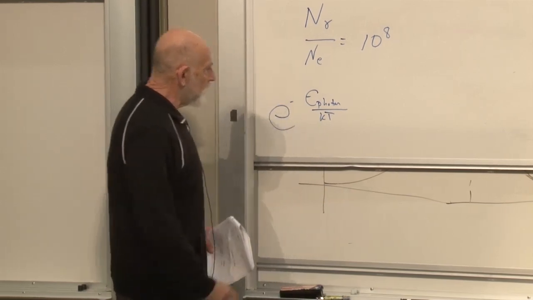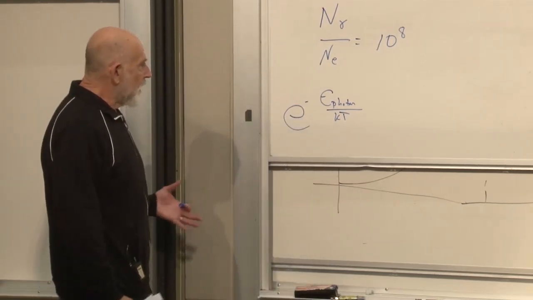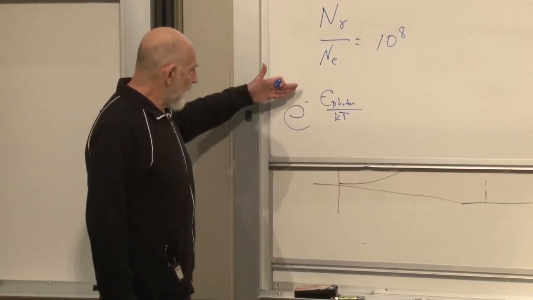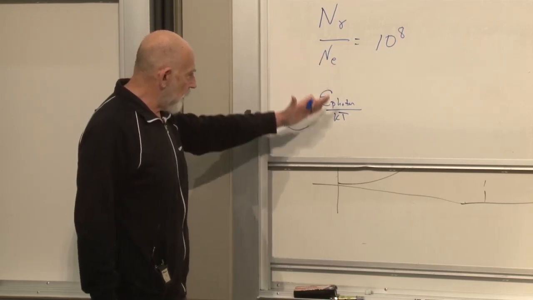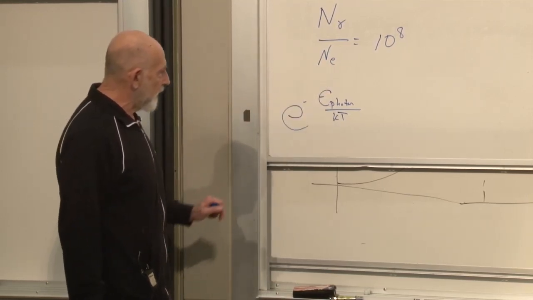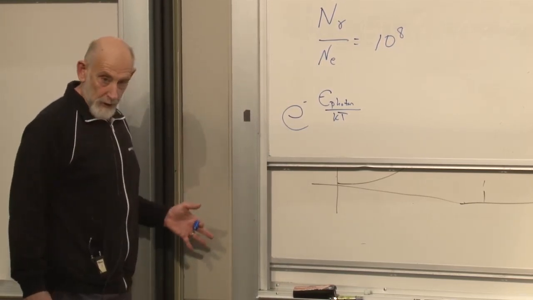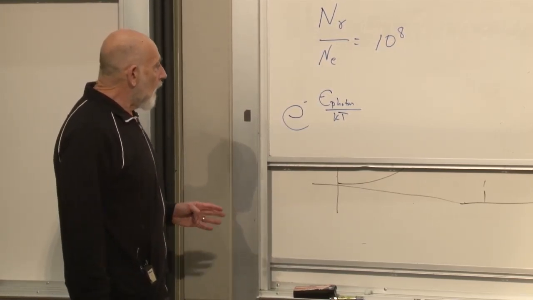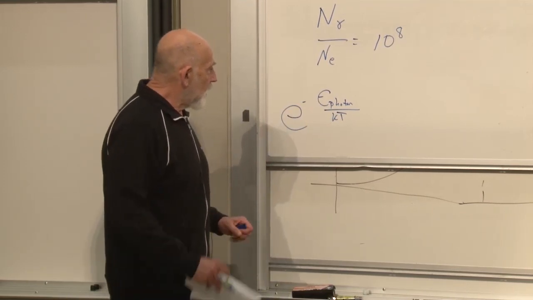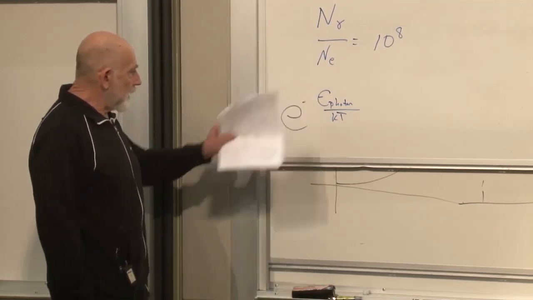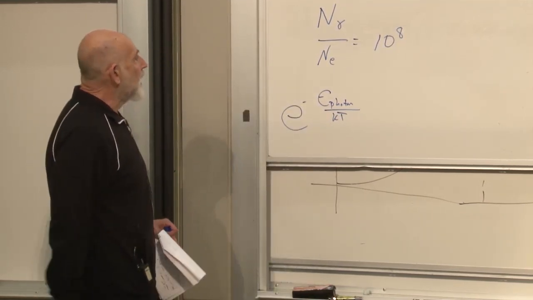This is a standard formula. This is the Boltzmann distribution, e to the minus energy over kT. This is the probability that the photon has an energy epsilon.